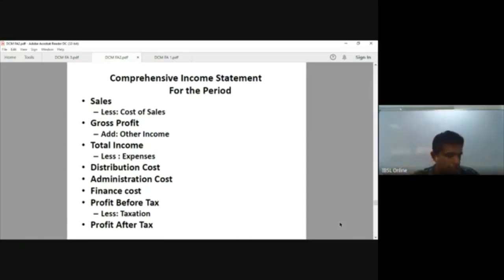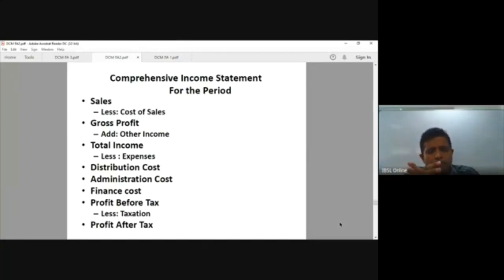Then we'll come to the income statement of a company. Under the income statement, there are mainly 2 categories. The first part we call the income statement. The second part we call the other comprehensive income statement. This change was made to the income statement with effect from 1st January 2012.